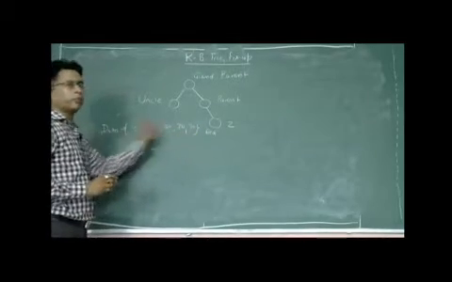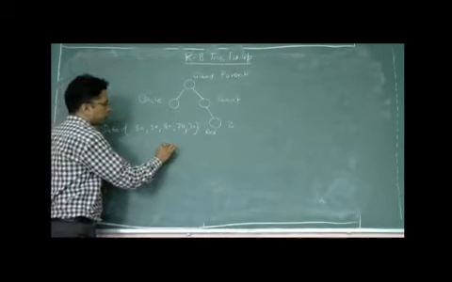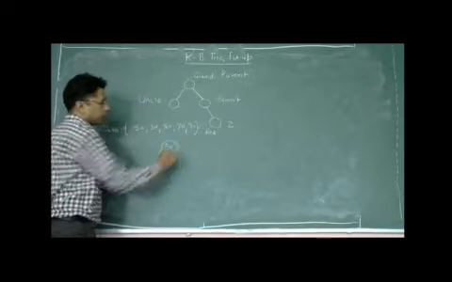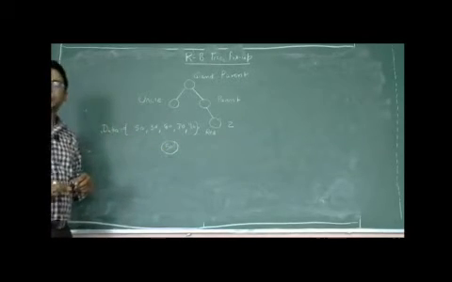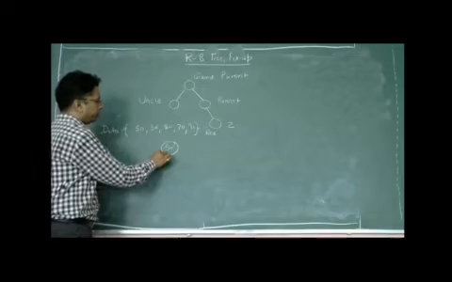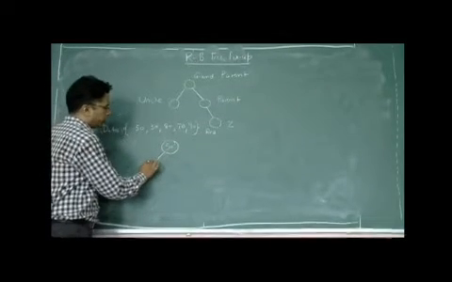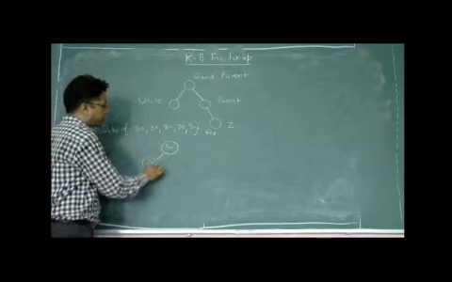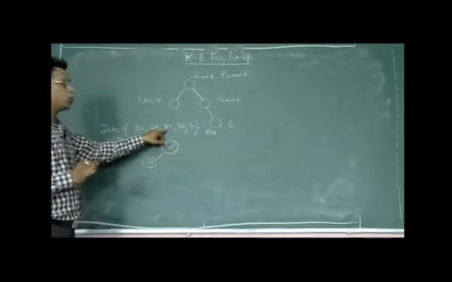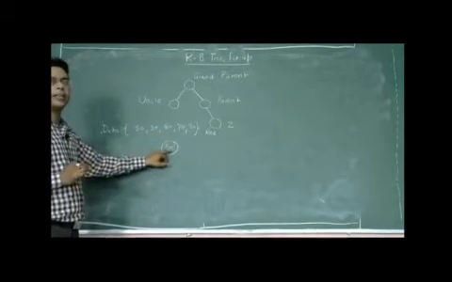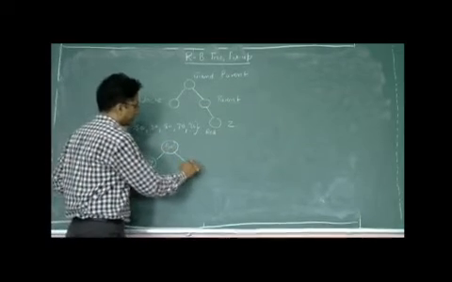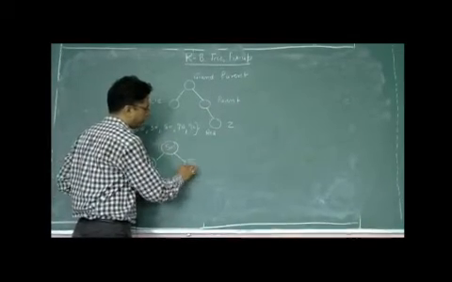So the first node is 50. Suppose I have inserted 50, the next node is 30. It is smaller than 50, so it becomes the left child of this node. The next node is 80, it is greater than 50, so it becomes the right child of 50.